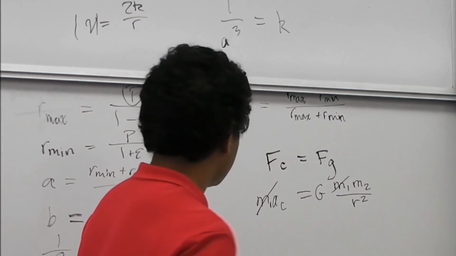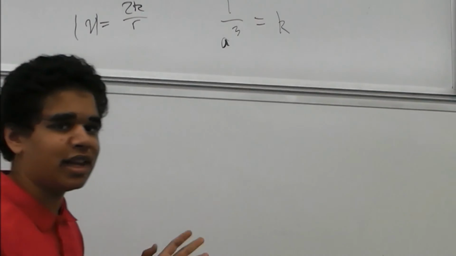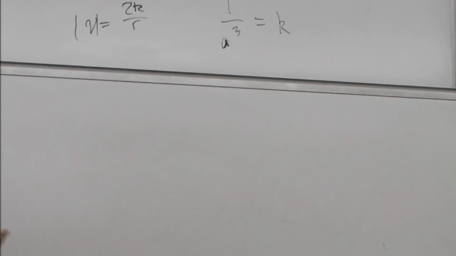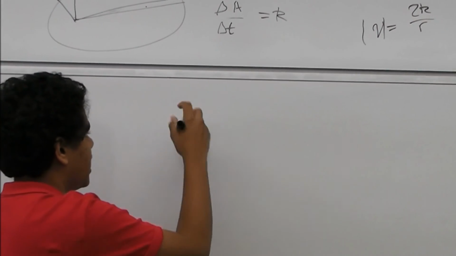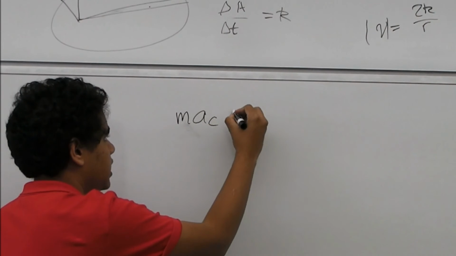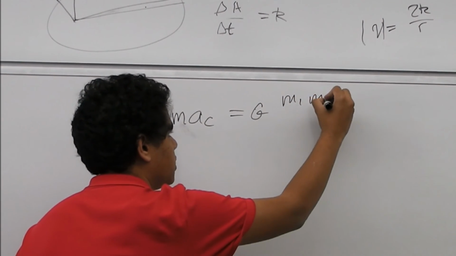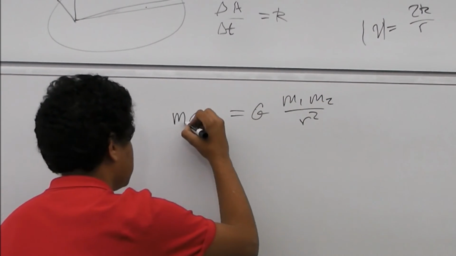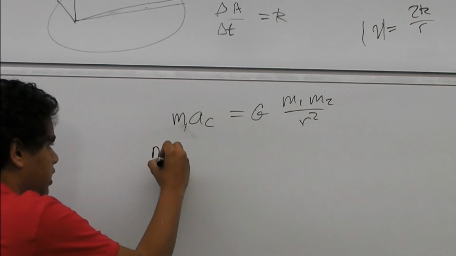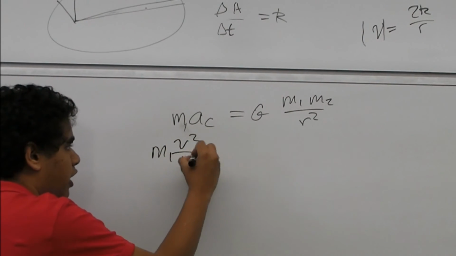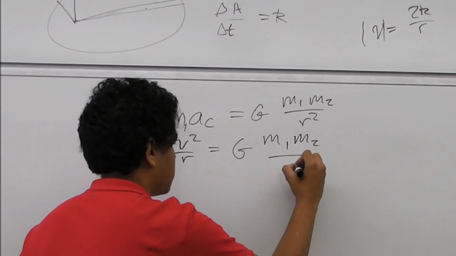Okay. So we're assuming circular motion, even though Kepler's third law is about elliptical motion, but as I said, it really doesn't matter. So what we have here is m a_c equals G M1 M2 over R squared. And then we can plug in M1 v squared over R equals G M1 M2 over R squared.